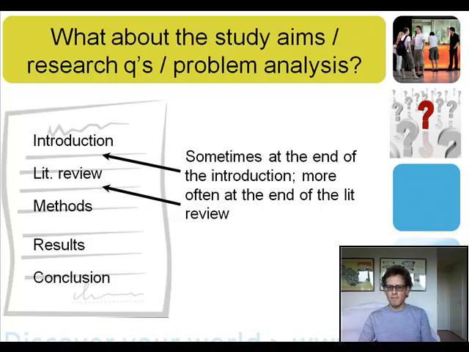Like, how do Dutch tourists use social media when planning their holiday in the summer of 2013, for example? So usually in empirical academic journal articles, you see study aims and or research questions and or hypotheses, whatever, here at the end of the literature review.